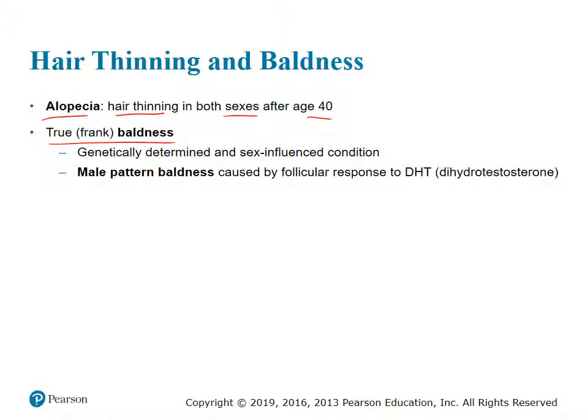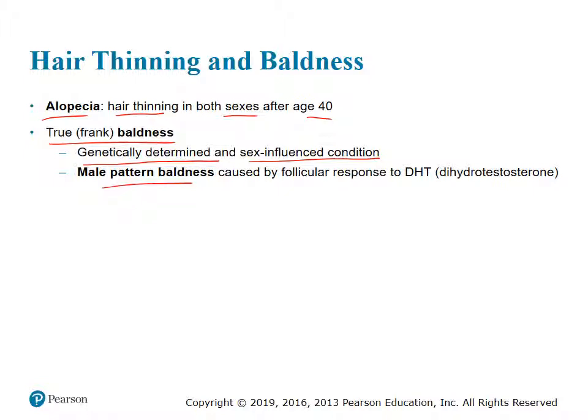We call this alopecia, and again, this term is for both male and female. What we call true or frank baldness, okay? There is a genetic component, and it can be dictated in one sex more than the other, like male pattern baldness.